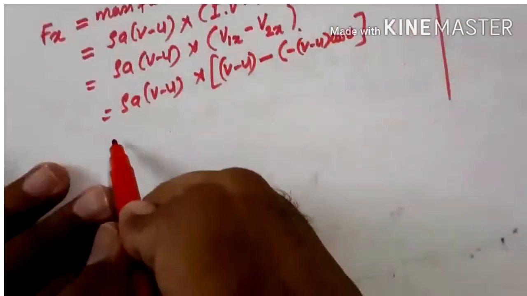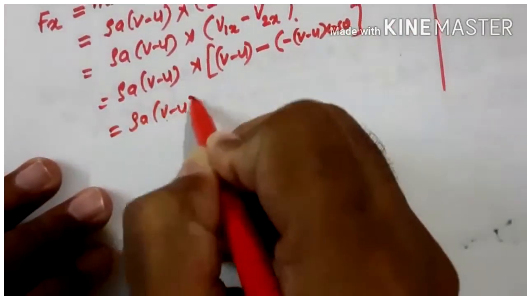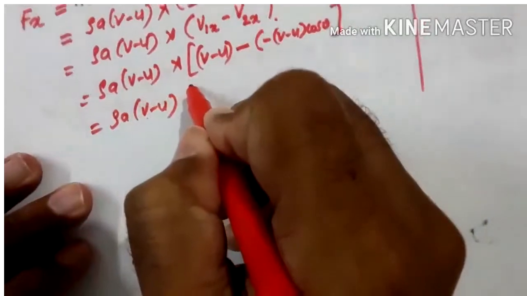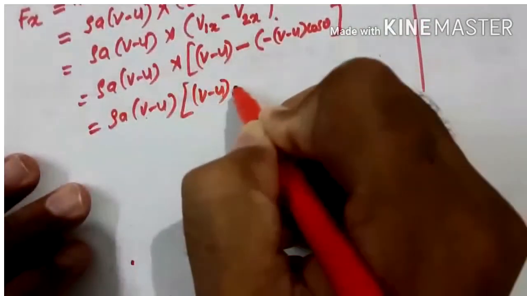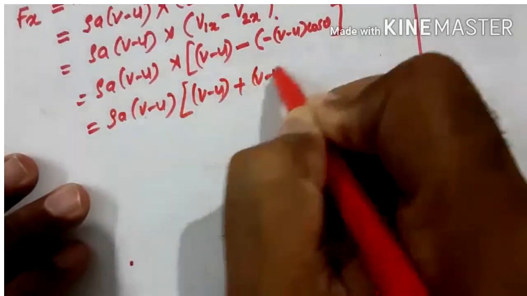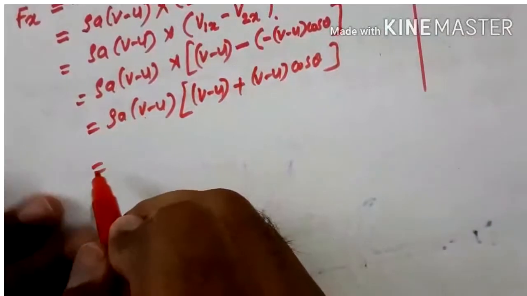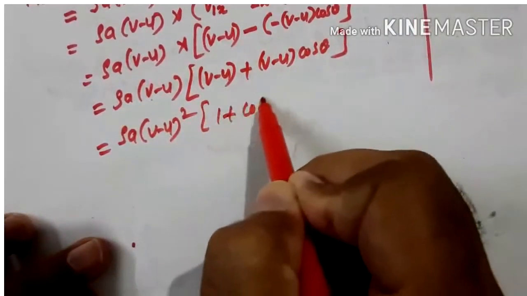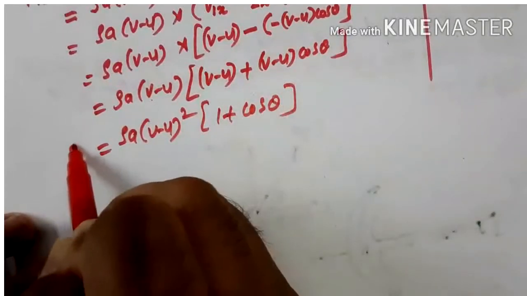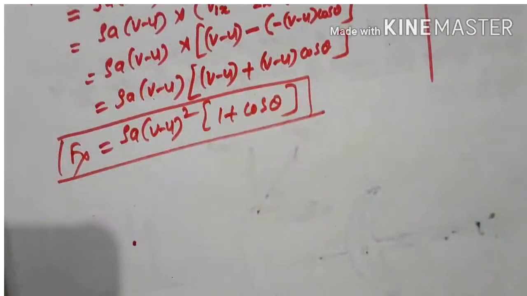Then what it becomes: rho a v minus u into bracket v minus u plus v minus u into cos theta. Take v minus u out, into bracket 1 plus cos theta. This is force in x direction.